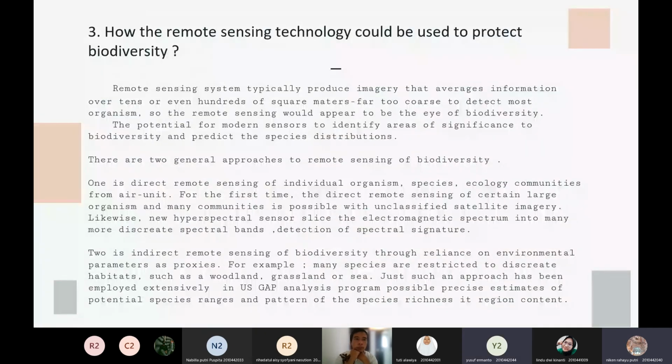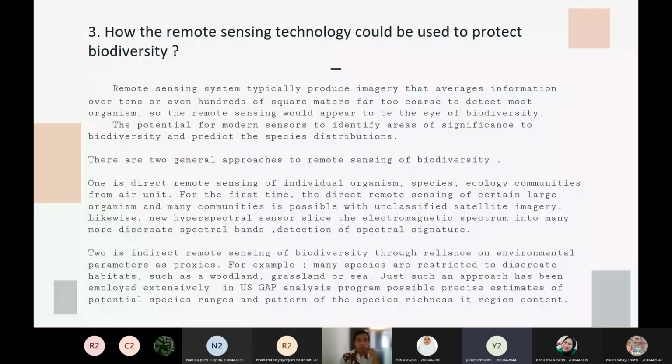Number three, how remote sensing technology could be used to protect biodiversity. Remote sensing systems typically produce imagery that averages information over tens or even hundreds of square meters, far too coarse to detect most organisms, so remote sensing would appear to be the eye of biodiversity.